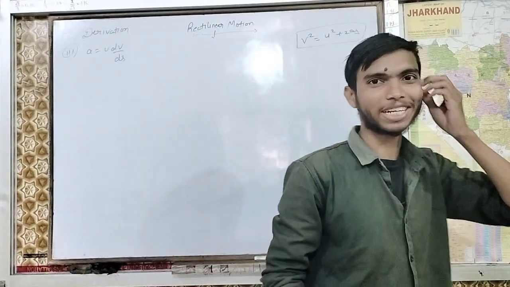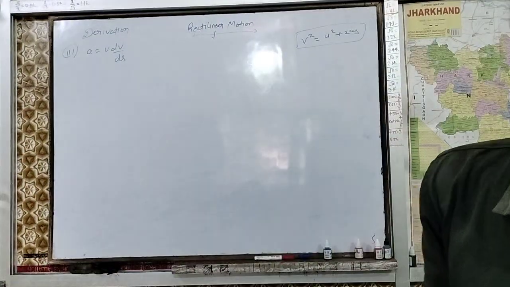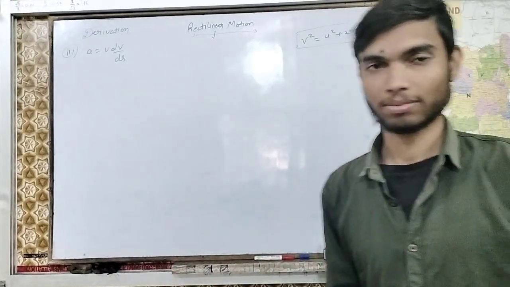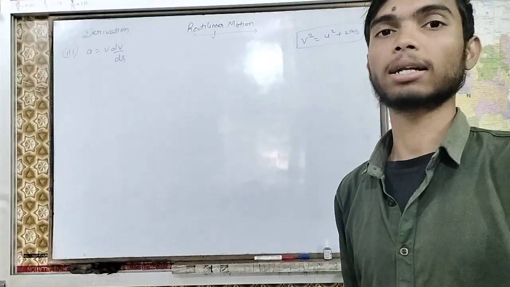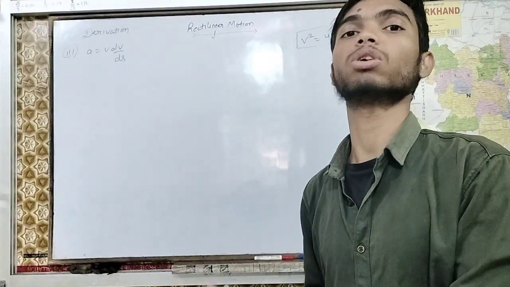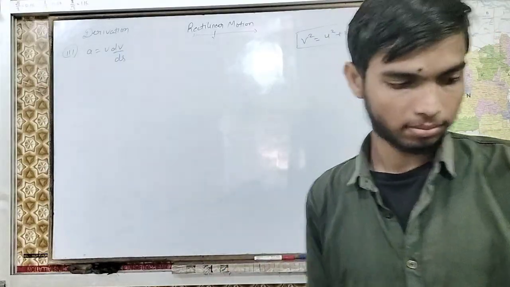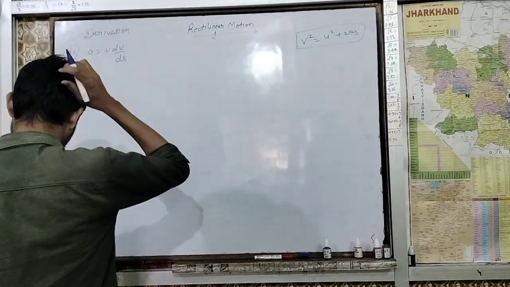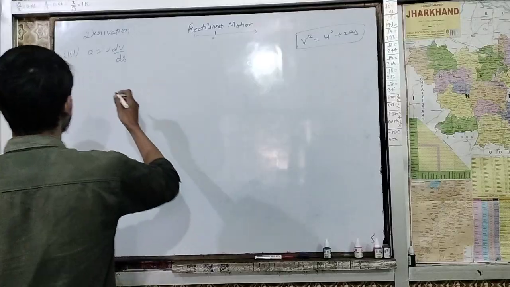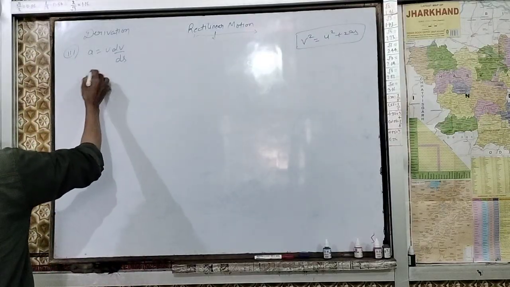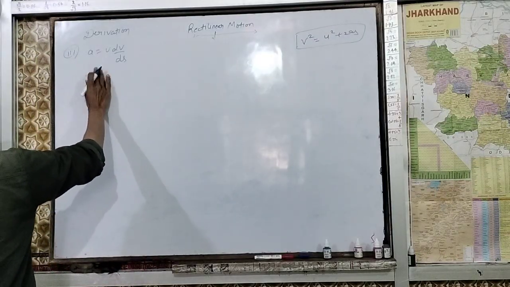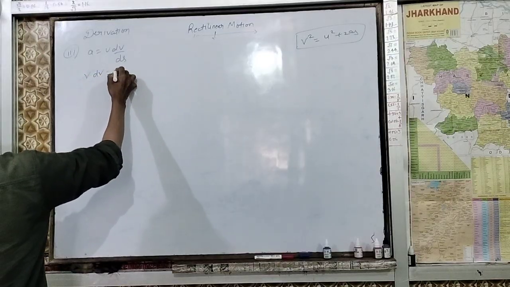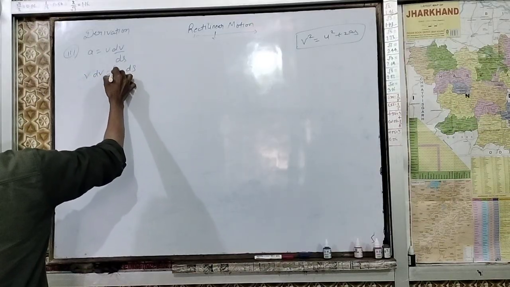In the third equation we don't have time, so that's why this formula a is equal to v into dv upon ds came, so that we can find one equation of motion where there is no time. Now let's integrate it. This is becoming v into dv is equal to a into ds.